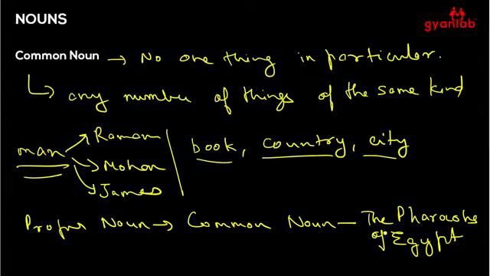Or say you want to say he is the Newton of this century. Newton is the name of a famous scientist, and here it is used for a person to show that he is comparable to Newton. In that case a proper noun becomes a common noun.